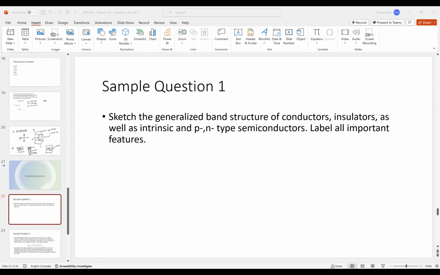So this would be a conductor. Okay, fill in the first one. Let's say that's a conductor.